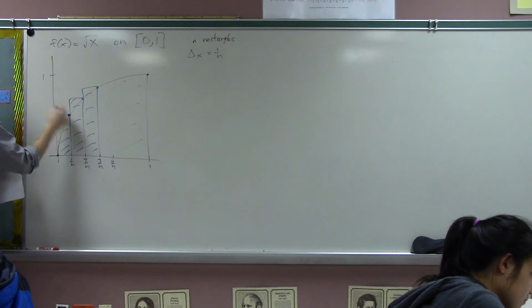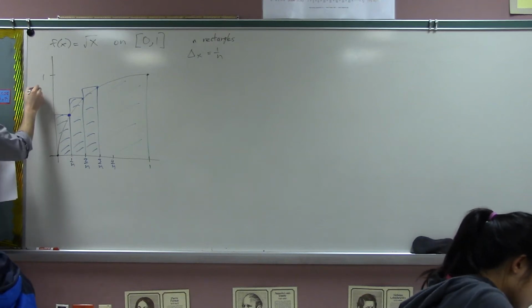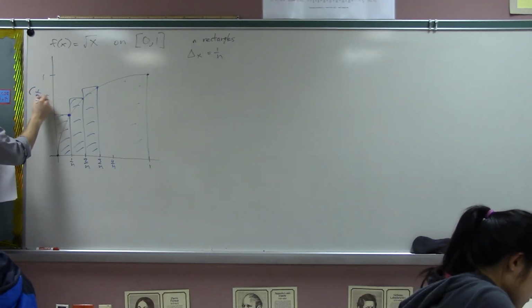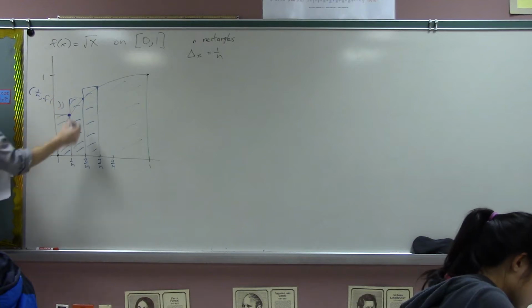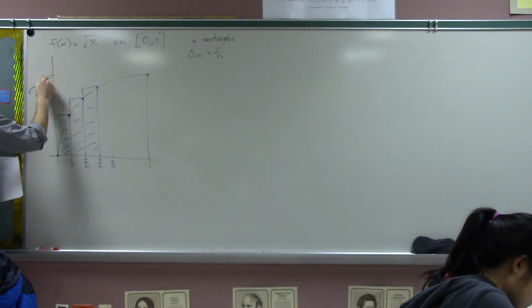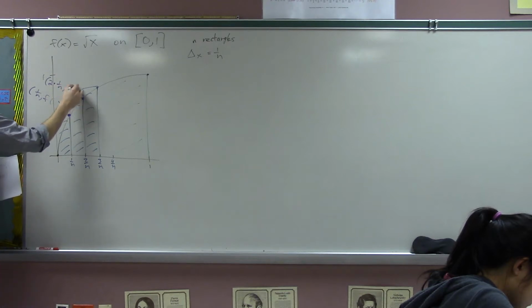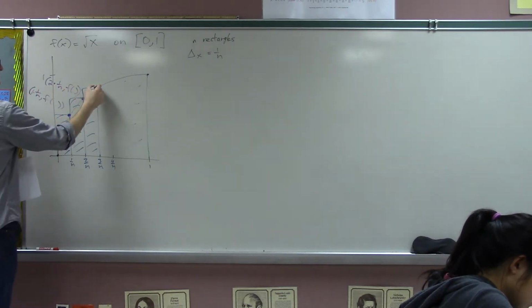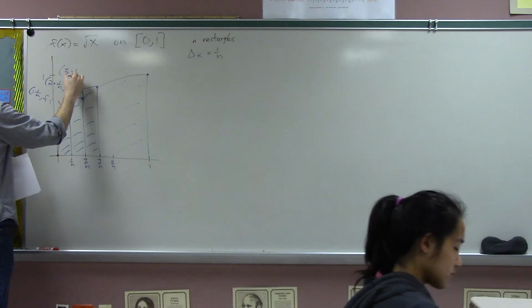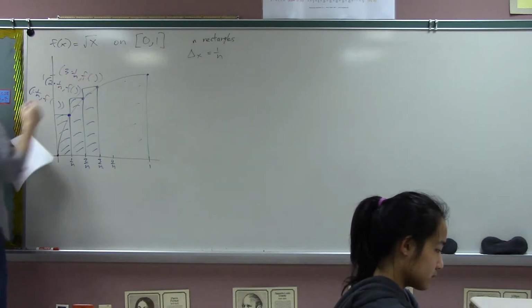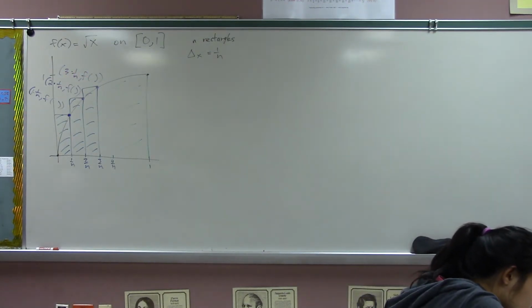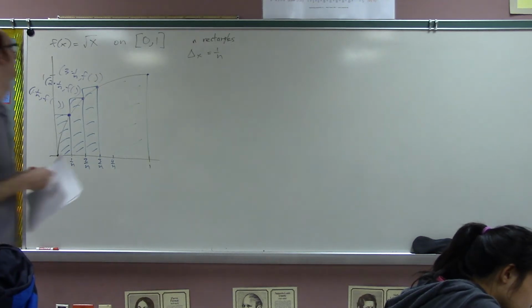What's that point right there? I guess it's going to be 1 over n comma f of that. And the next one will be 2 times 1 over n comma f of that. 3 times 1 over n comma f of that. Drag them all up.